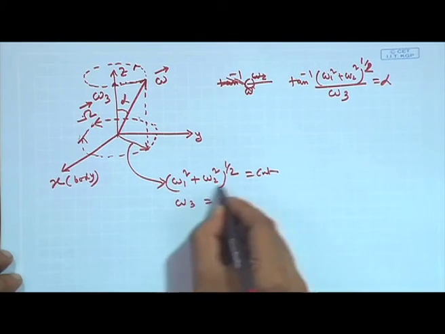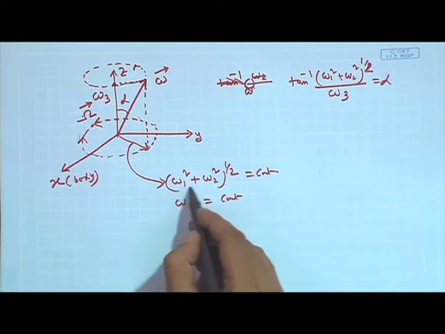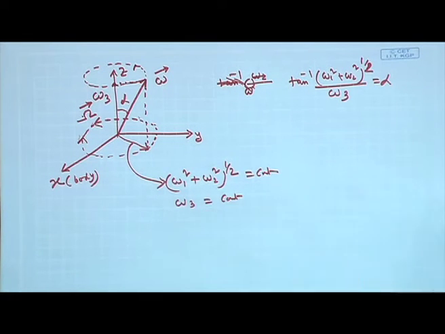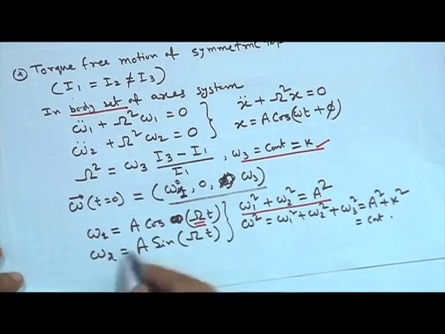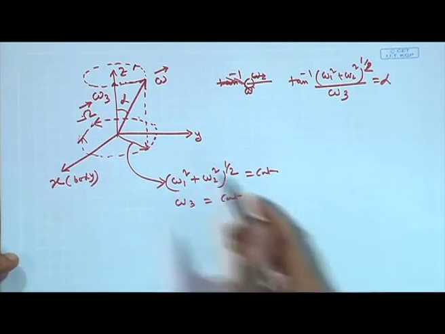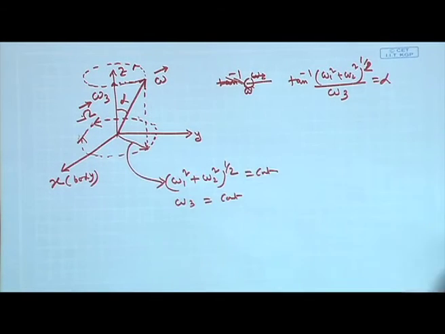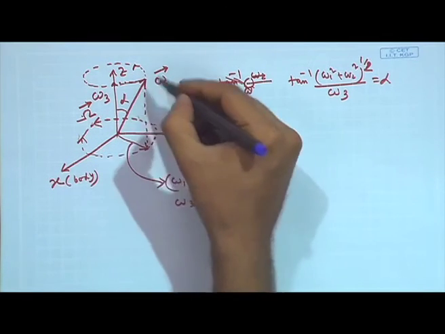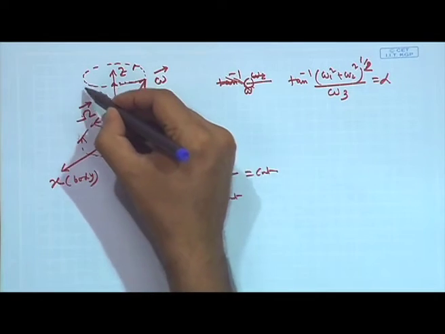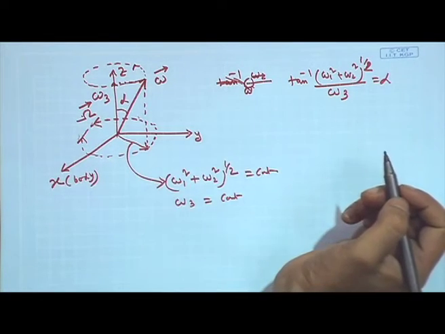So, we have omega 3 equal to constant, and we have seen that omega 1 and omega 2 both are rotating with the same angular velocity. All this leads to the picture that the actual angular velocity vector is rotating around the body z axis with an angular velocity of capital omega, right.